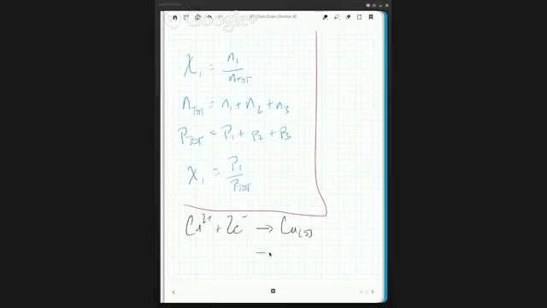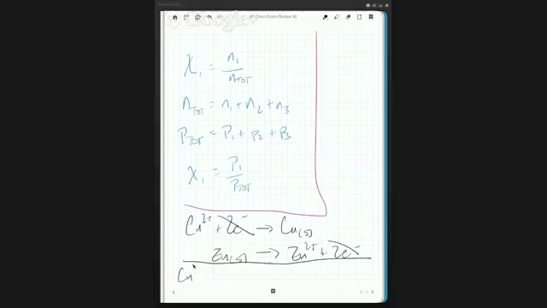And we had zinc solid giving us zinc 2 plus plus 2 electrons, okay? So the net ionic equation, the electrons are going to cancel out, leaving us with the equation copper 2 plus plus zinc solid gives us zinc 2 plus plus copper solid.